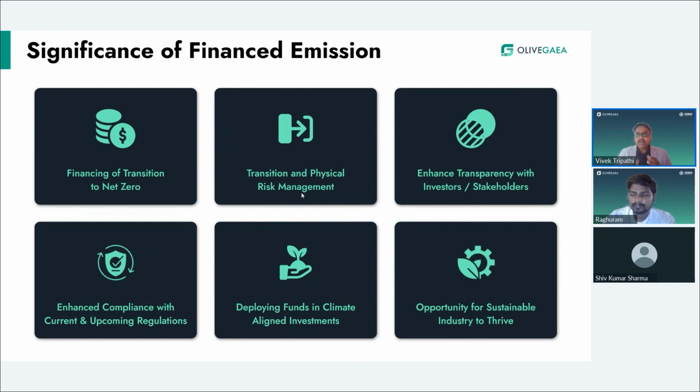So if I decide to put money into a certain investment, how is the climate change problem going to jeopardize it? Physical risk is how climate is going to impact my investment and the returns over that investment. So there are two sides of this coin when it comes to financed emission and investment related risk due to the climate change challenge.